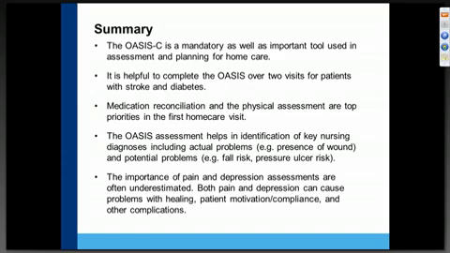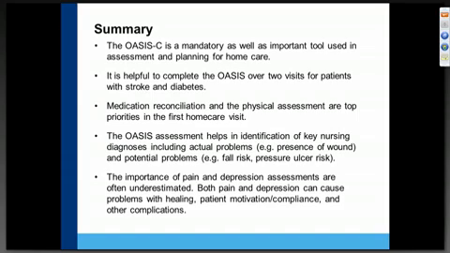So just to summarize, the Oasis C is mandatory, but it's also an important tool used in assessment and planning for home care. It's helpful to complete the Oasis over a couple of visits for patients with stroke and diabetes, and probably a number of other illnesses as well, depending on the complexity. Med reconciliation and physical assessment are top priorities.